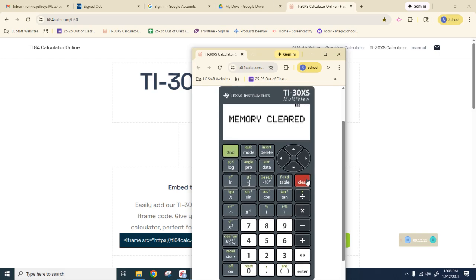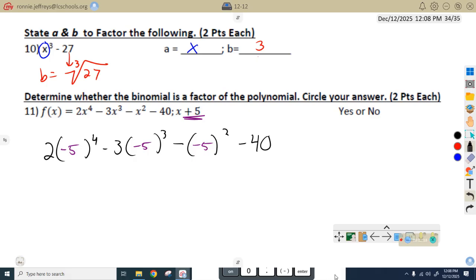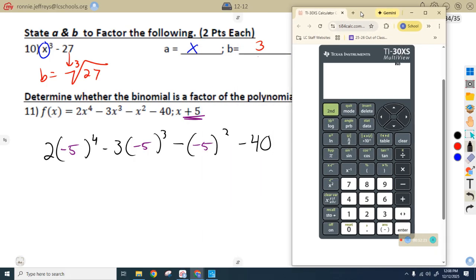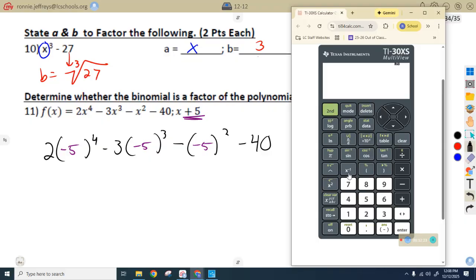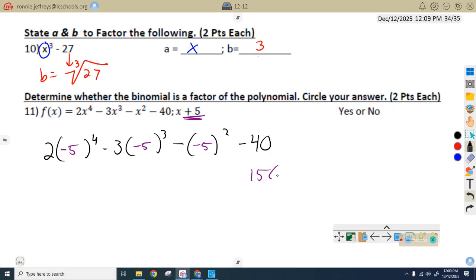All right, so what we do, we just plug it in the calculator. Raise the roof 4, scroll over, minus 3, 5, raise the roof 3, minus 40. Okay, yeah, we get 1560.